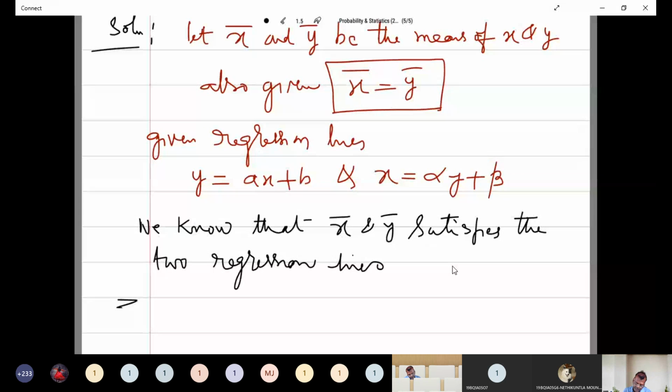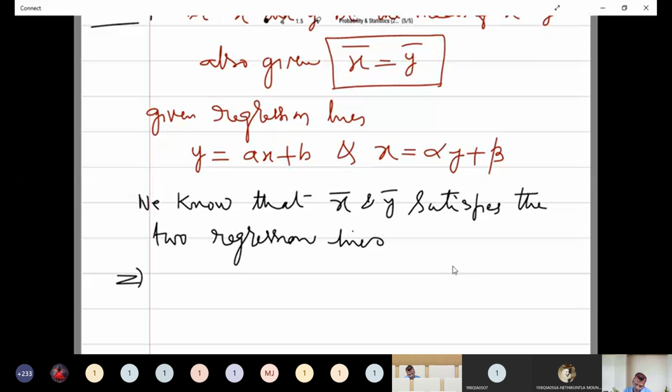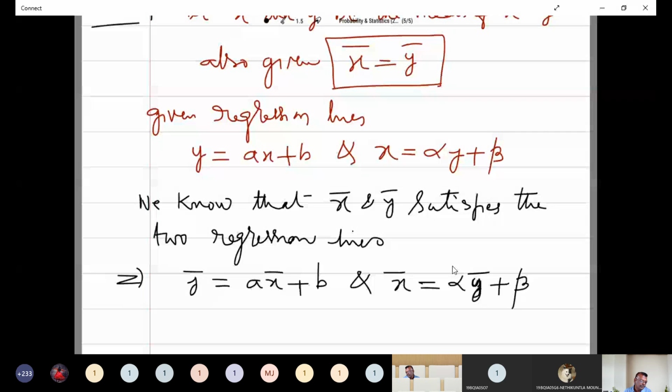That implies, from the first equation, y bar is equal to ax bar plus b, and from the second equation x bar is equal to alpha y bar plus beta.